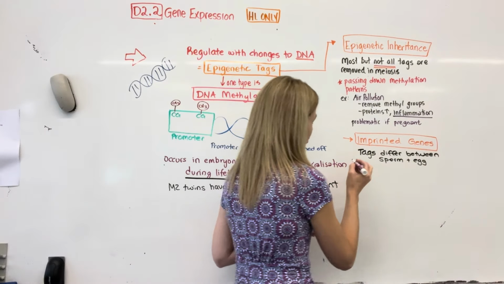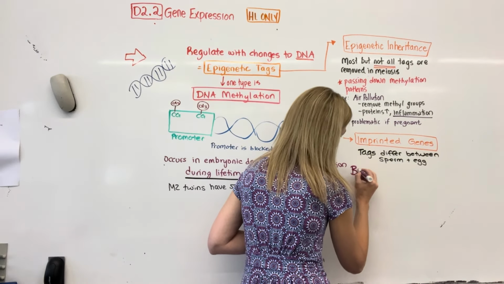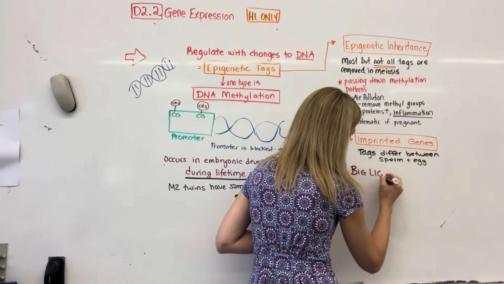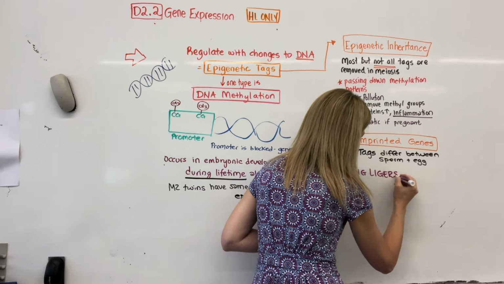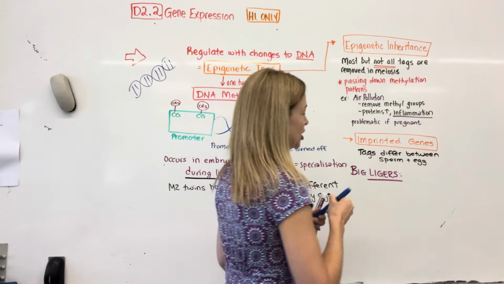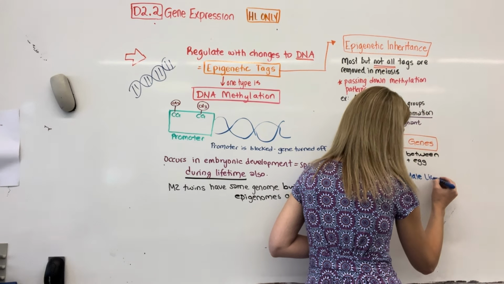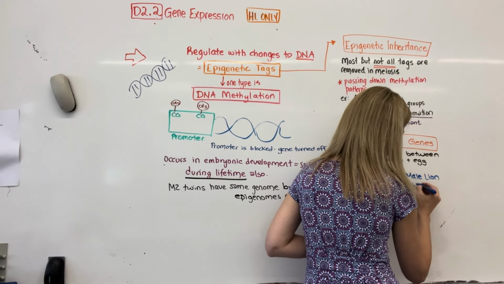So if you have instead, these are going to be ligers. So ligers are usually big because a liger is a male lion that has the big gene on.